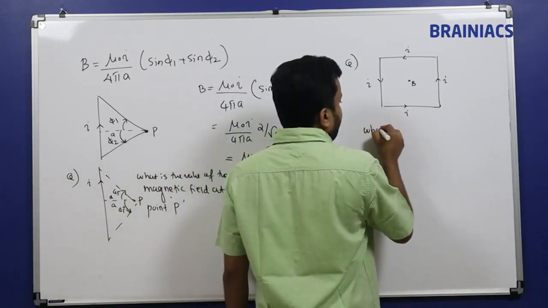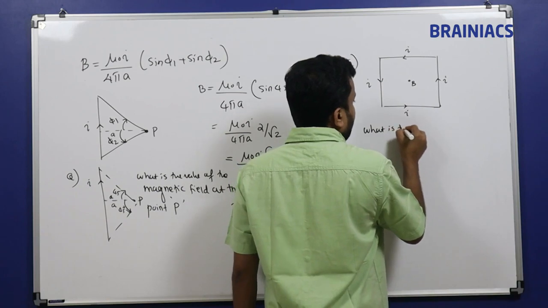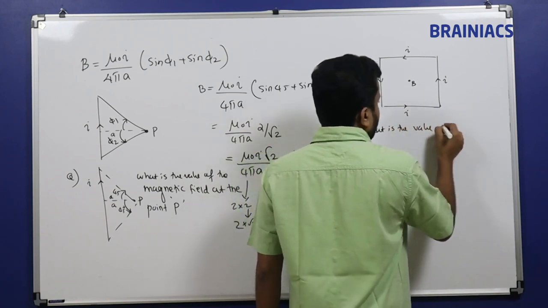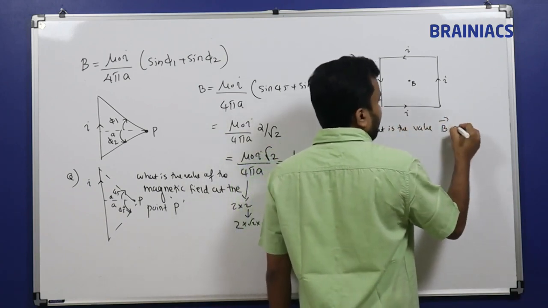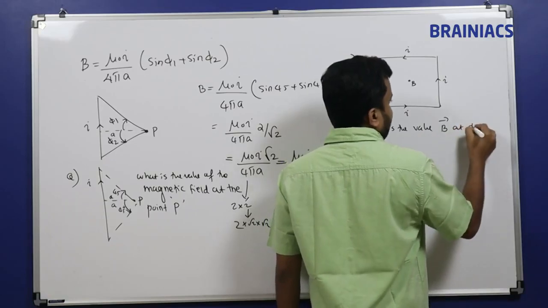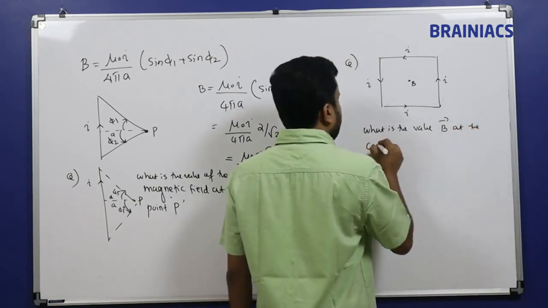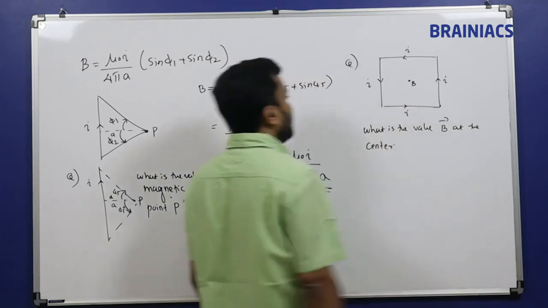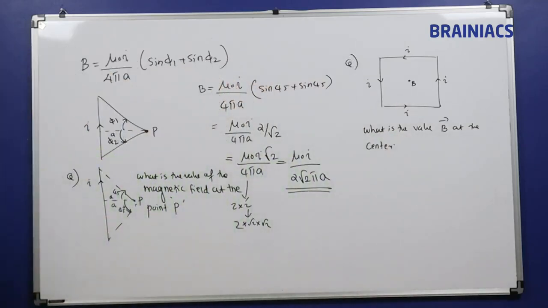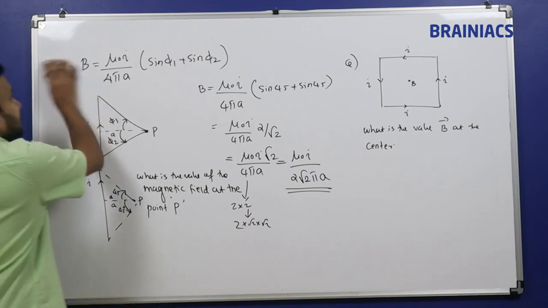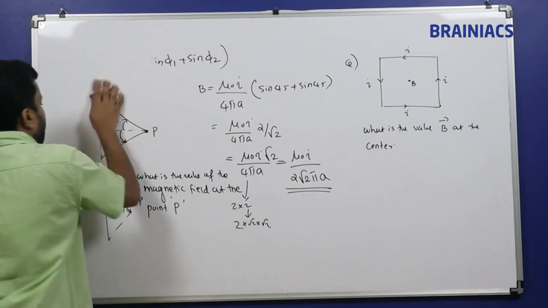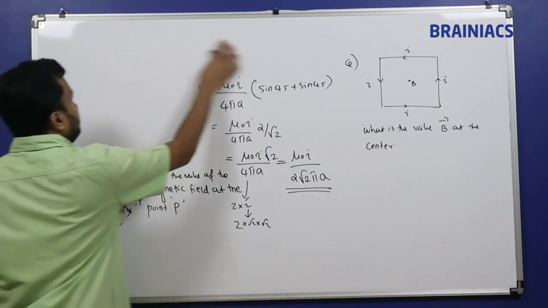So you can write, what is the value of B at the center? This was the question. We need to find the value of the magnetic field at the center of the square. This is our expectation. So we have to solve this one.